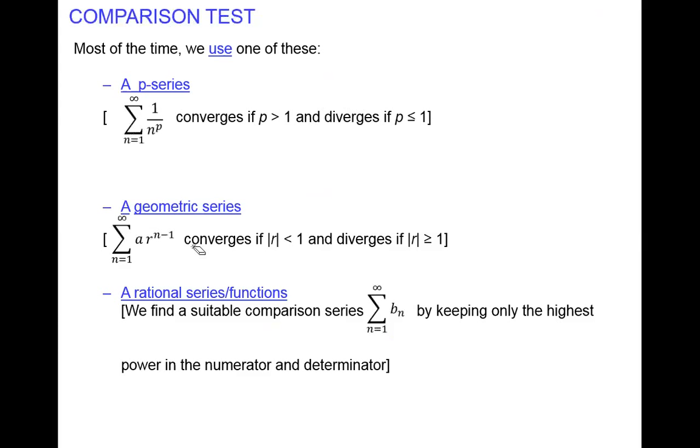Also the geometric one, because based on the common ratio we know right away convergence or divergence. Or simply rational functions: if we have numerator and denominator, we always look at the highest power. We take the highest power from the numerator and the highest power from the denominator, try to simplify, and probably we will simplify to the p-series, and then we will try to compare with our given series. Those are just hints, but you will probably get the idea. Let's see.